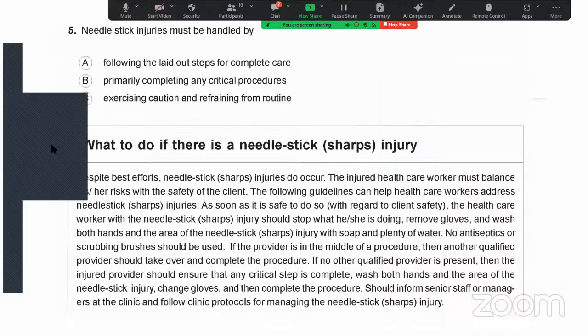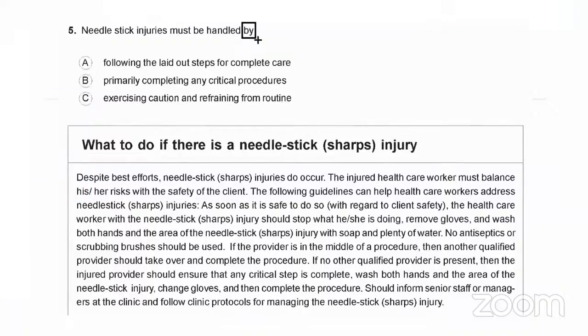Needle stick injuries must be handled in what manner? Okay, needle stick injuries.